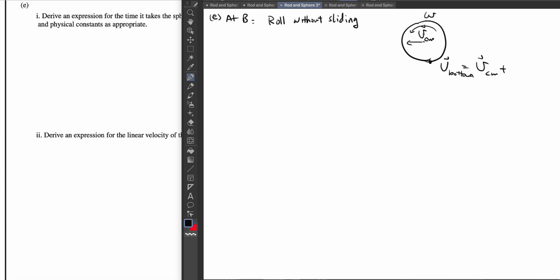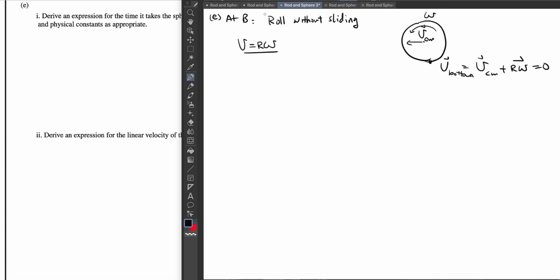So omega rotation will introduce a linear velocity r omega to the right side. So they should cancel out. Meaning at this instant, the linear velocity v would be equal to r omega. They're opposite in direction, but their magnitudes are the same. So that's why v equals r omega.